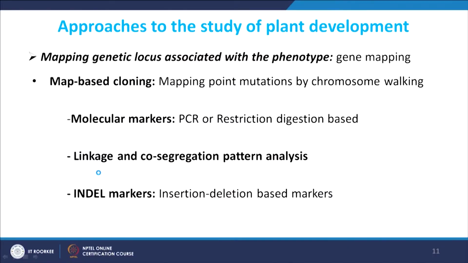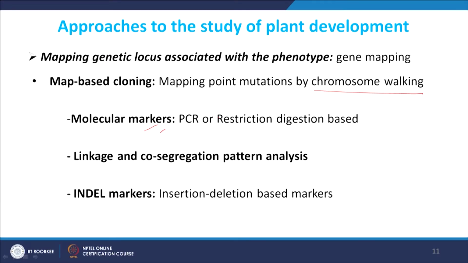So now we will take the first approach, map based cloning. This is done using molecular markers. This is very important for you to understand, and here we do chromosome walking. There are molecular markers already reported, or people have identified molecular markers. What are molecular markers?